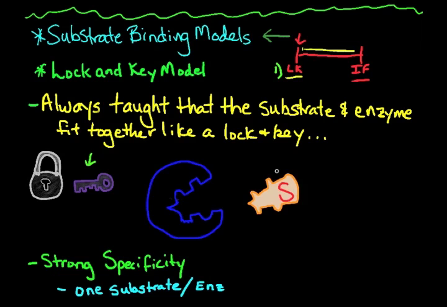In that model, the substrate itself is very rigid, it's got a very definite structure, like most substrates will. But what sets this model apart is the rigidity of the active site of the enzyme.